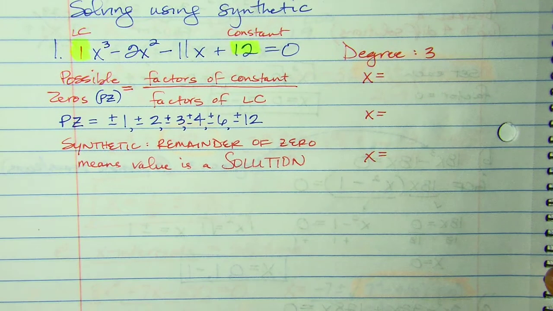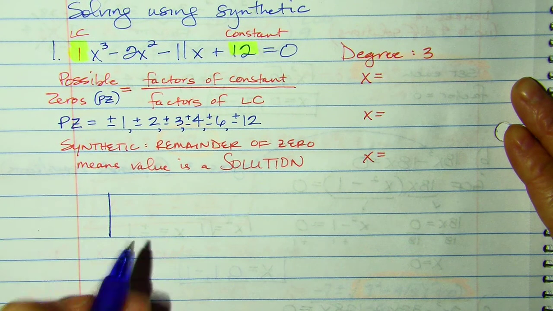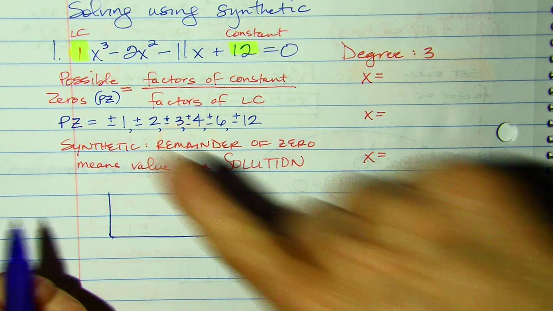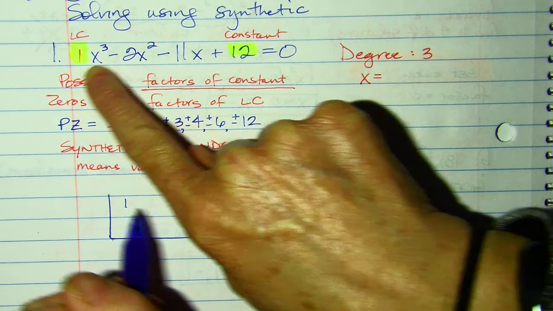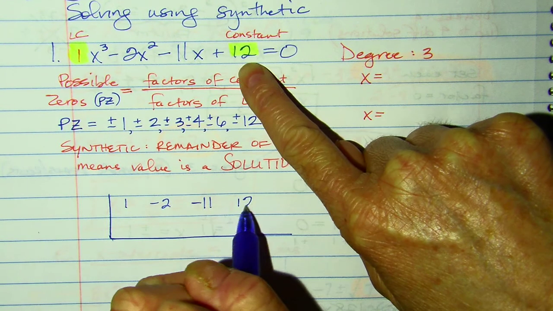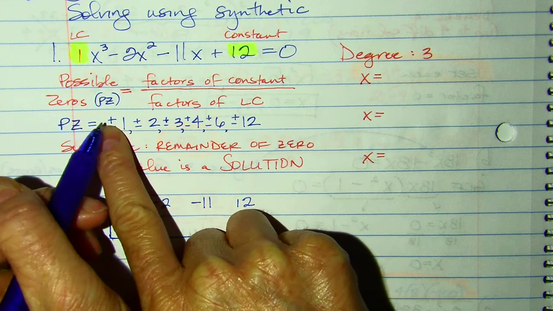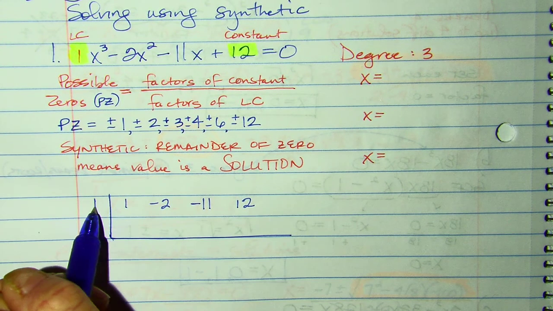So I'm going to set up my synthetic using the coefficients up top. Remember 1, negative 2, negative 11, and 12. And I'm going to try the very first number in our possible zero list, which is a positive 1. And I'm going to pray it works.